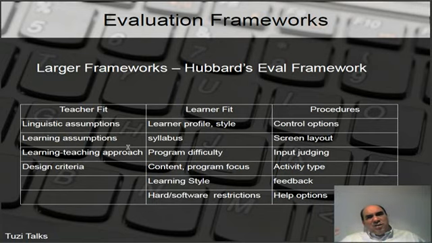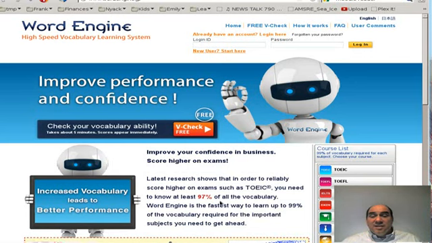Does this particular software work well with these students' learning styles? Is this particular software too easy or too difficult? I can look at program difficulty. Is it easy to understand? I can look at the content of the site. And we go back to our vocabulary site here. This is a straight high-frequency vocabulary focus.